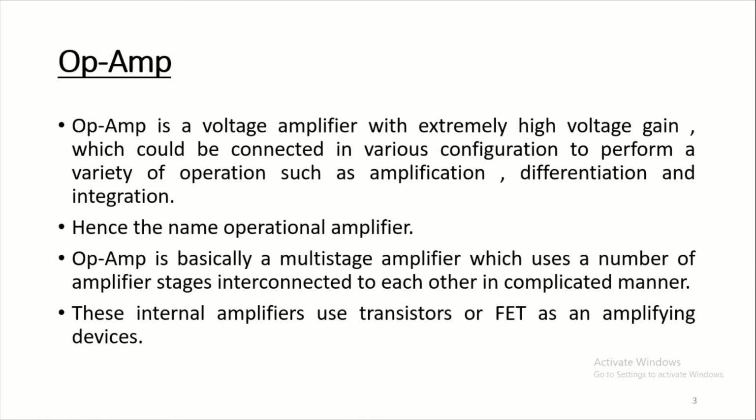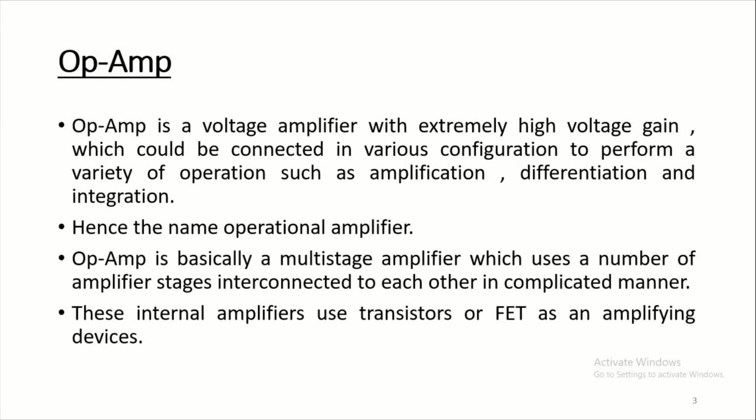As its name suggests, an operational amplifier is a basic amplifier. The basic job of any amplifier is to amplify the signal. Now let us understand why it is known as operational amplifier.